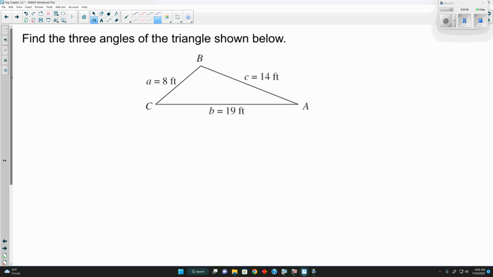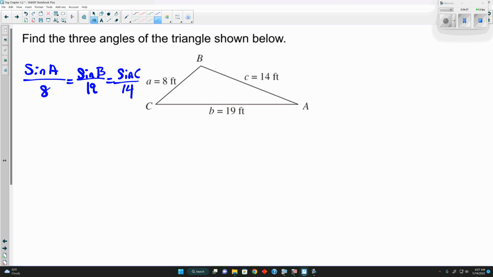So when we look at this here, we're trying to find a missing angle, because they're given three side lengths. A is 8, B is 19, and C is 14. We're given three sides, we need to find the angles. And if we tried to use law of sines, so you don't have to write this down, sine of A over 8 is equal to sine of B over 19 is equal to sine of C over 14.